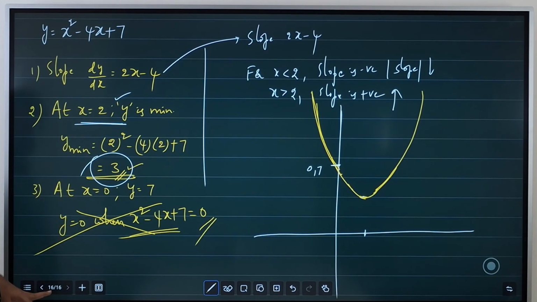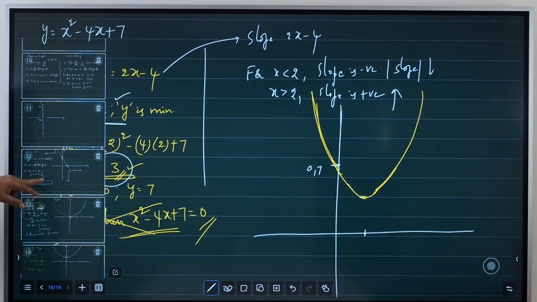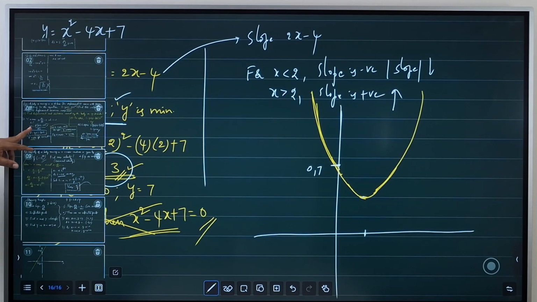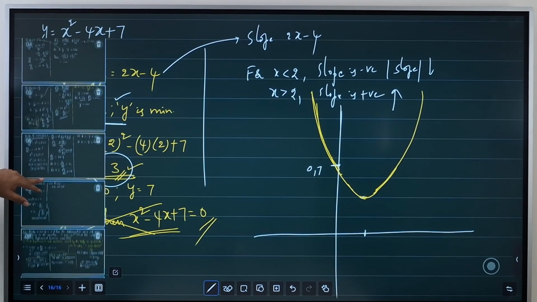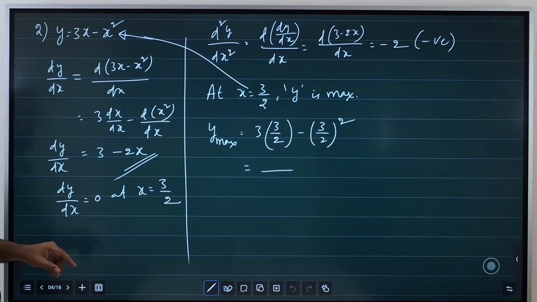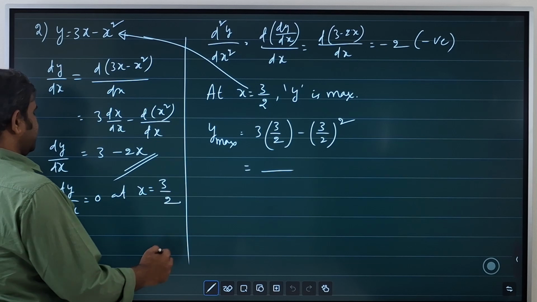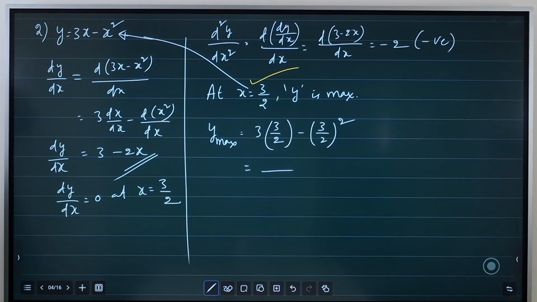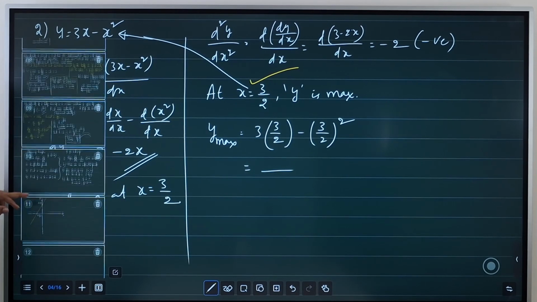We discussed one more example in maxima and minima. So let's draw the graph of that function. Look at this. At x is equal to 3 by 2, we got y maximum. So let's draw the graph of this function. y is equal to 3x minus x square.